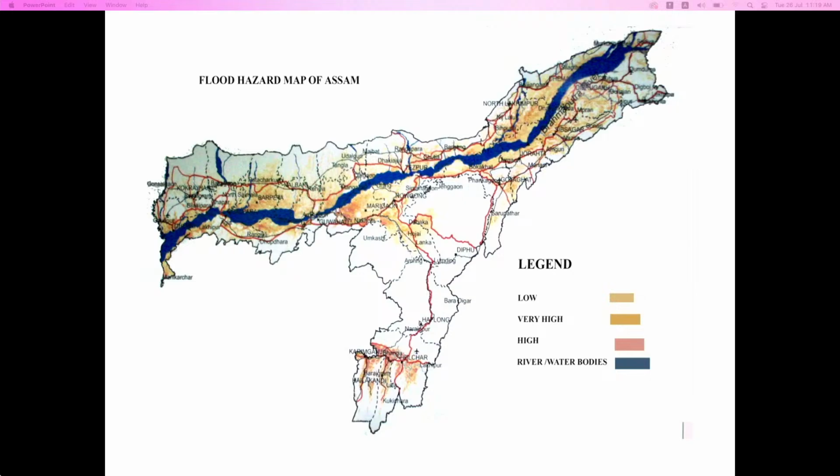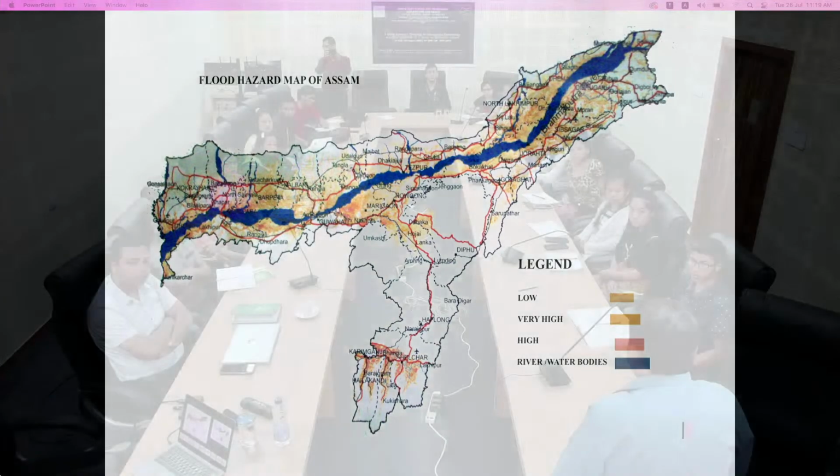A very rich amount of information can be put into a map, and that is the utility of maps, right? In earlier days we used to have this beautiful art called cartography. You know cartography? What is cartography?